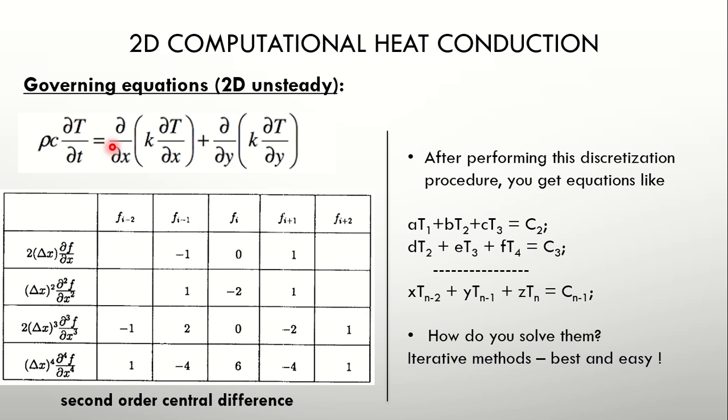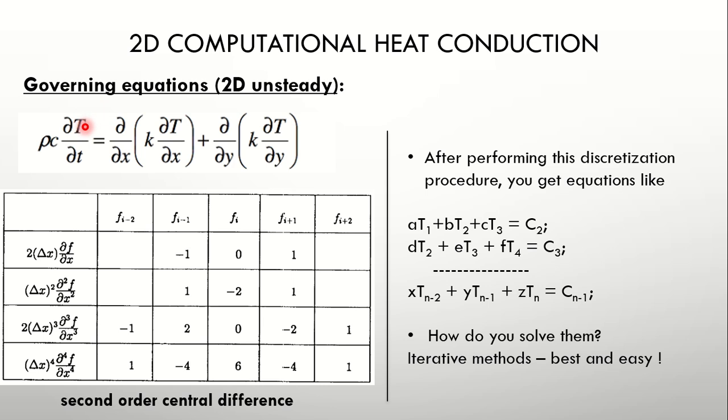Now when you do this at every grid point, you end up with some algebraic equations. If you think here, when you do it using the explicit algorithm, explicit means all these are at the nth time step, and only here you get n plus 1. So you can see that you can solve it very easily.